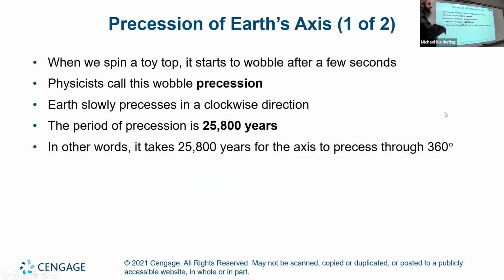So, another thing the Earth does is, well, I said the Earth always points in the same direction. Similar to a top, it will wobble. The direction will slowly change over time.